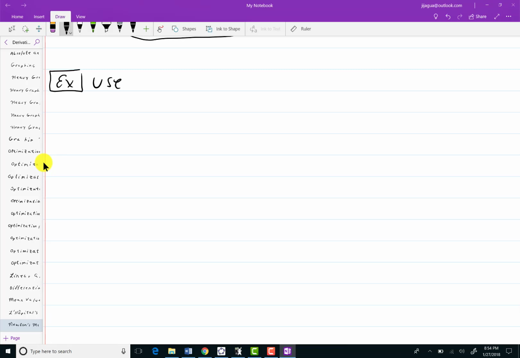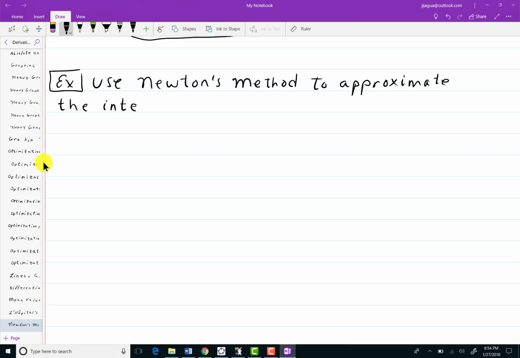Let's use Newton's method to approximate the solution to ln x equals x cubed minus 2.